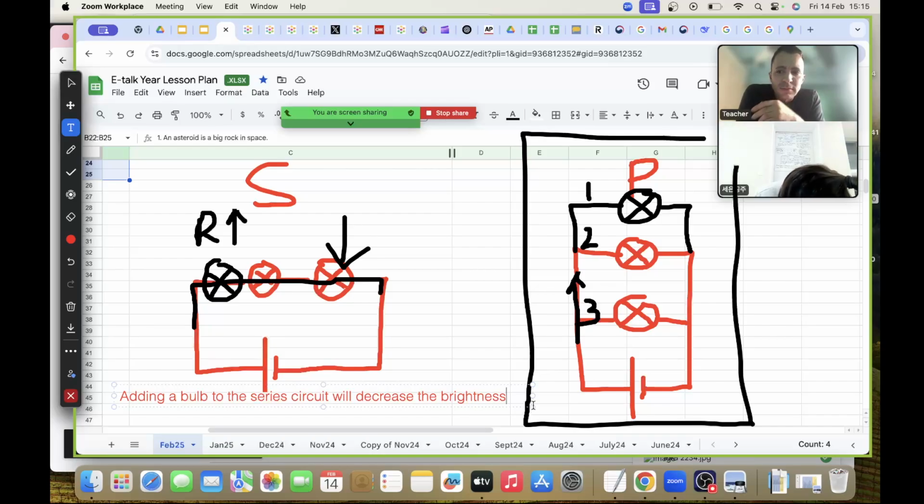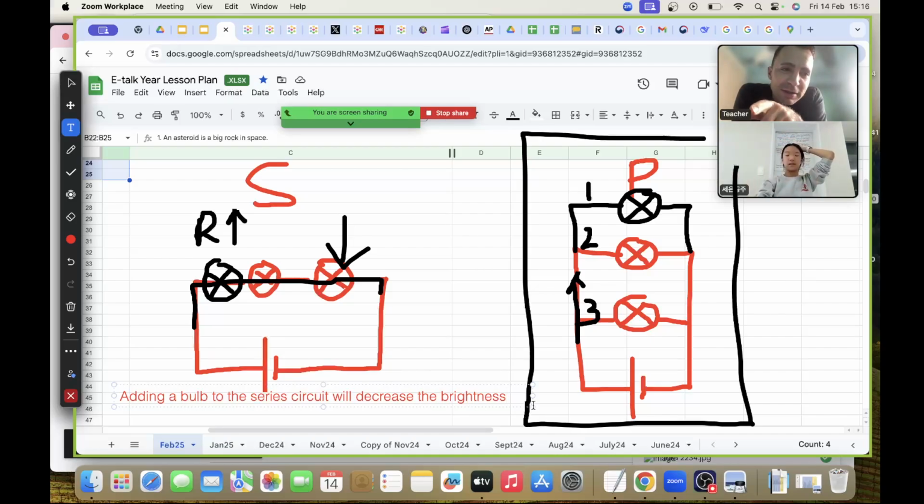Okay, so Lily, here in this example, we added the bulbs, right? We increased the resistance. Now, what if we kept the bulbs the same? So we will stay with three bulbs. What if we change the number of batteries? What do you think will happen then?